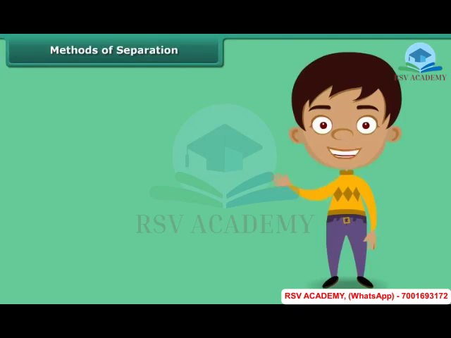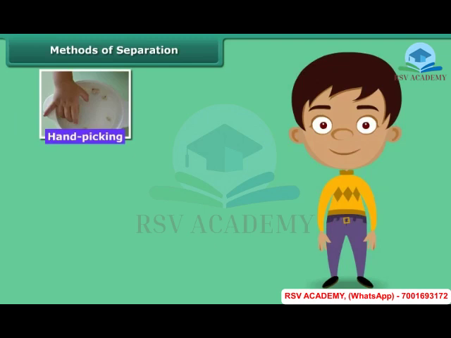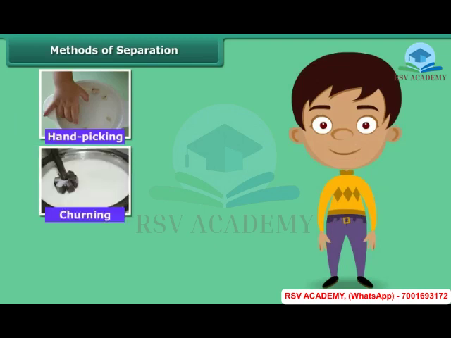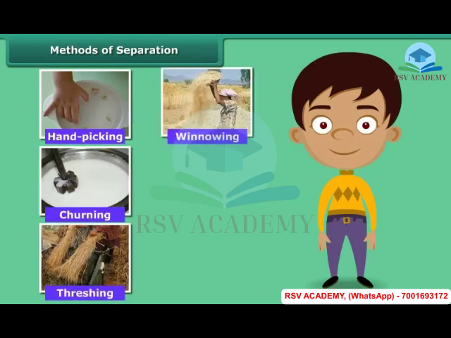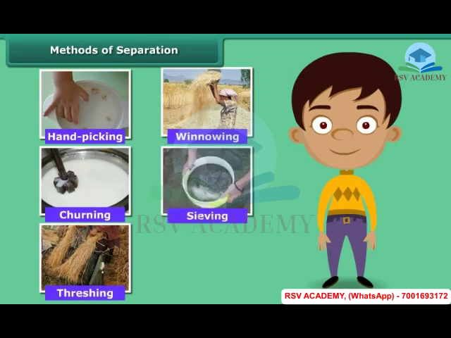In fact, you would have used some of these methods in your day-to-day life. Let us list some methods commonly used to separate the components of a mixture: hand picking, churning, threshing, winnowing, sieving. The basis for choosing a method of separation depends upon the physical properties of components.